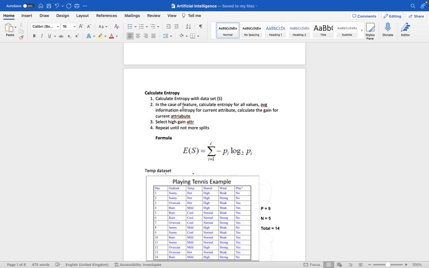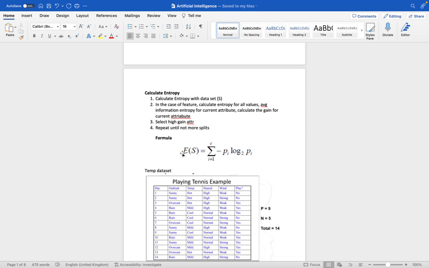In the case of a feature, calculate the entropy for all values, average the information entropy for the current attribute, calculate the gain for the current attribute, select the highest gain attribute, and repeat until there are no more splits.